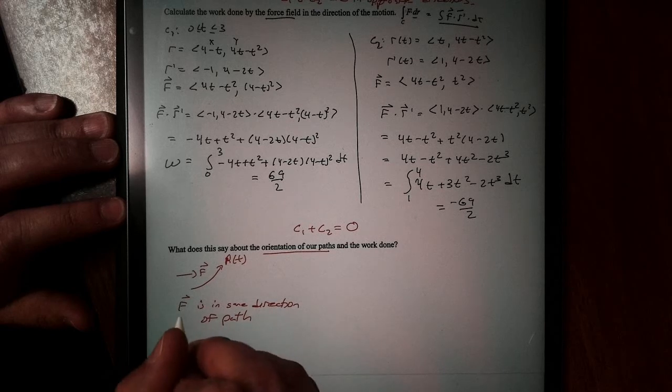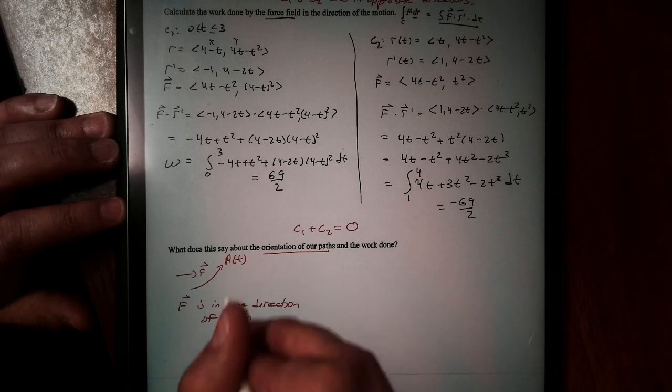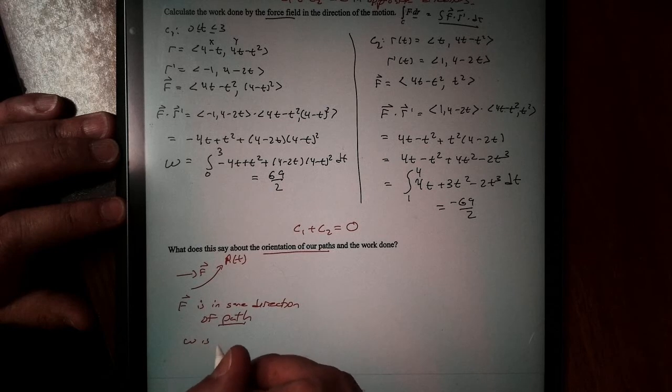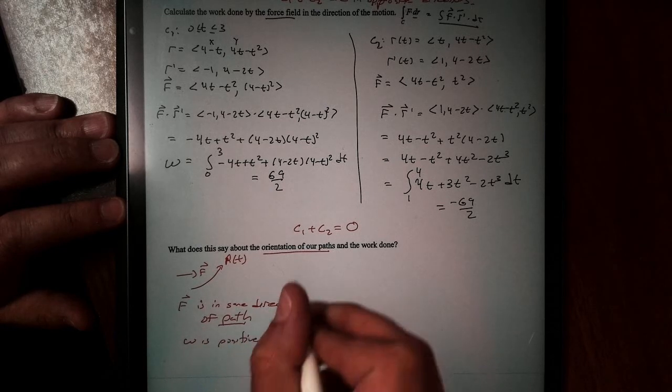So if the vector field is in the same direction of our path, R of t, work is positive.